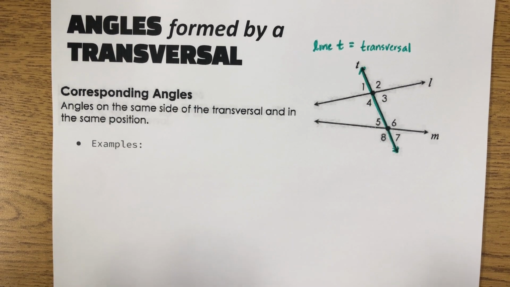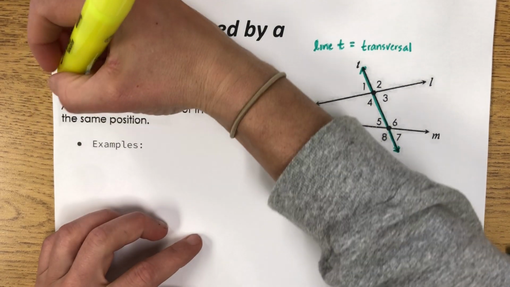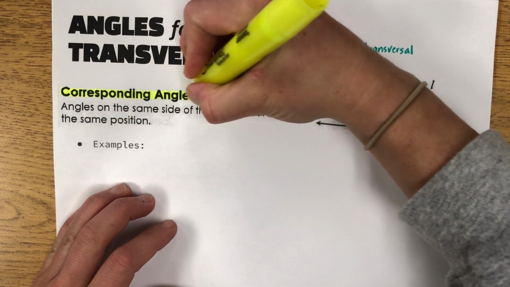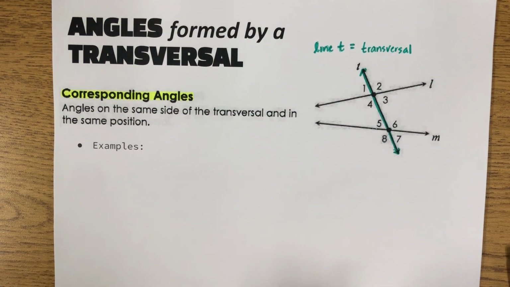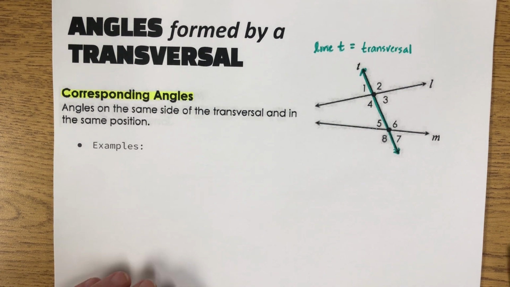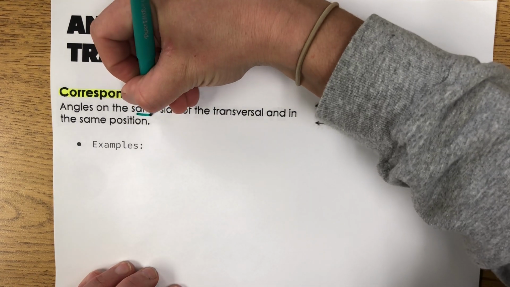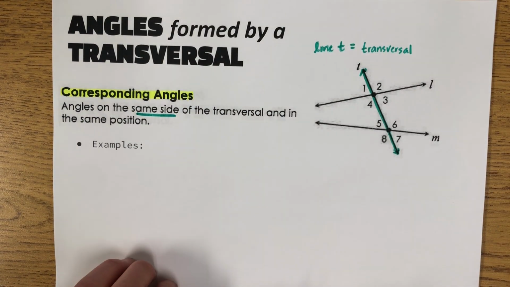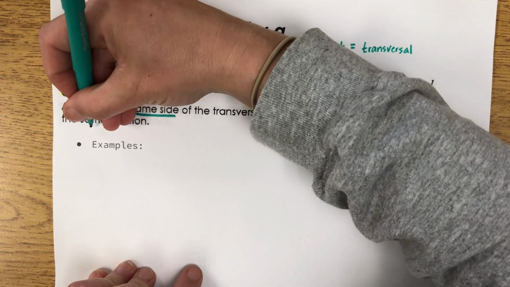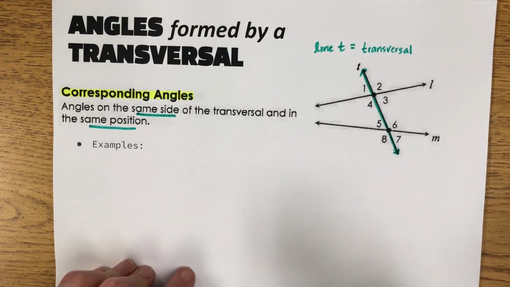So let's look at the first type. The first one is going to be called corresponding angles. Let's go ahead and identify all of the corresponding angles. Now, corresponding angles are angles on the same side of the transversal and in the same position.